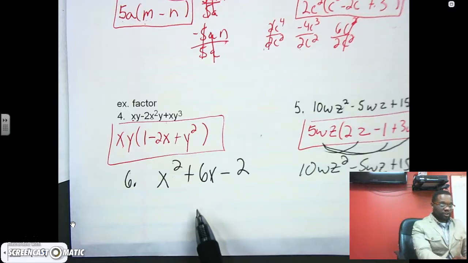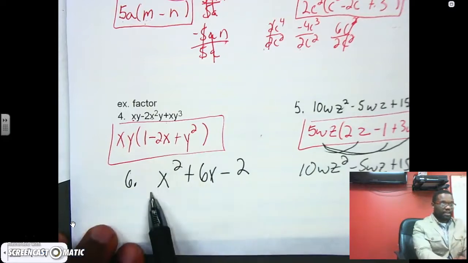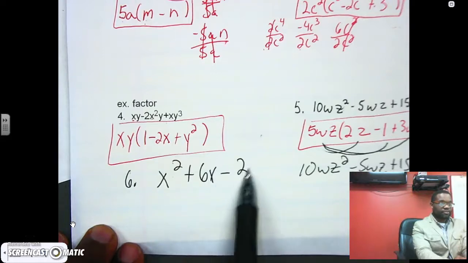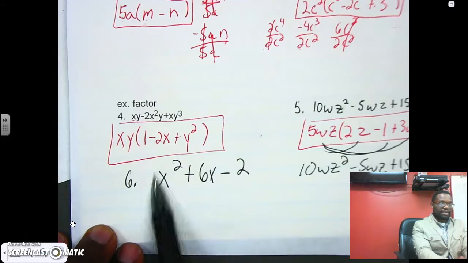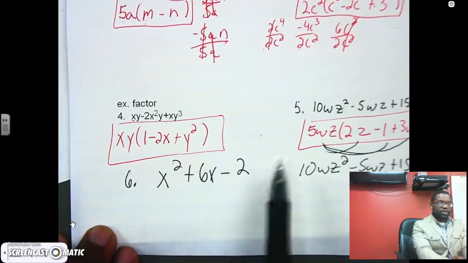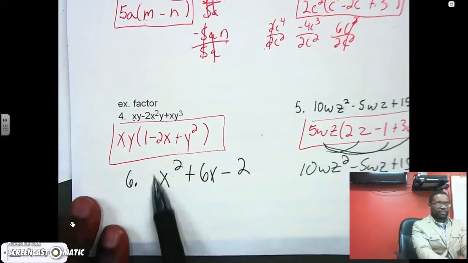The first thing you do is start off with your numbers. I have a 1 here, I have a 6 here, and I have a -2 here. You would consider that I could take out a 2 because of those two, but you can't because there is a 1 here. You can't take out a 2 or a 3 or something like that.